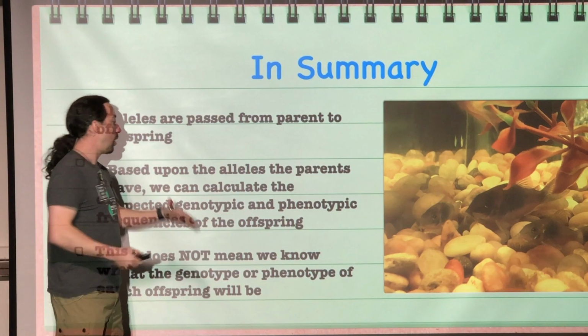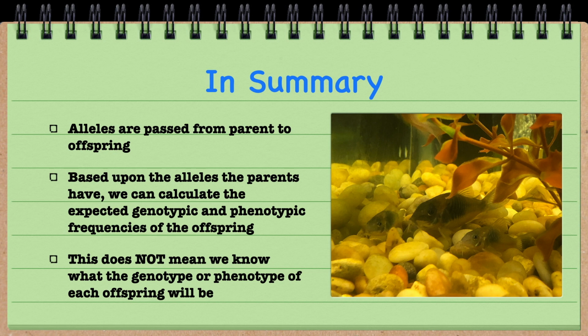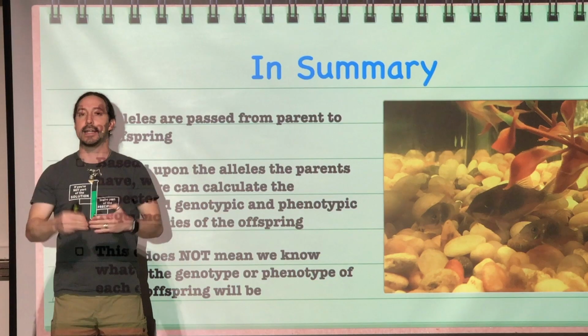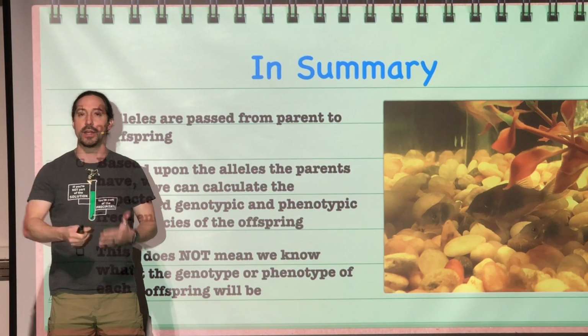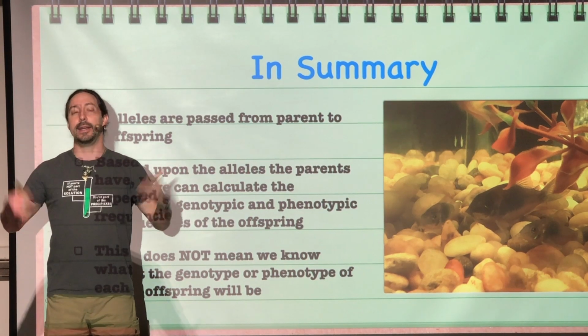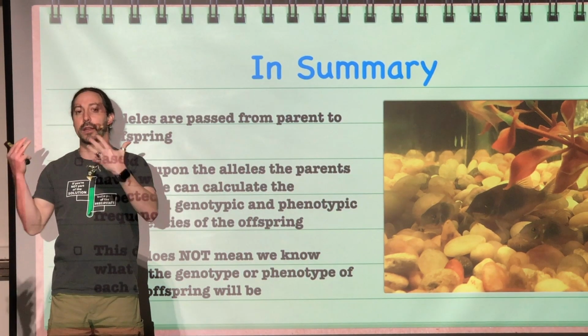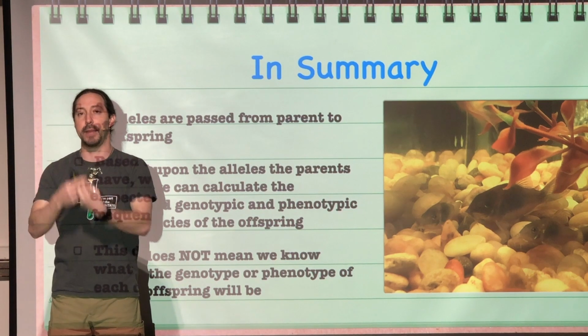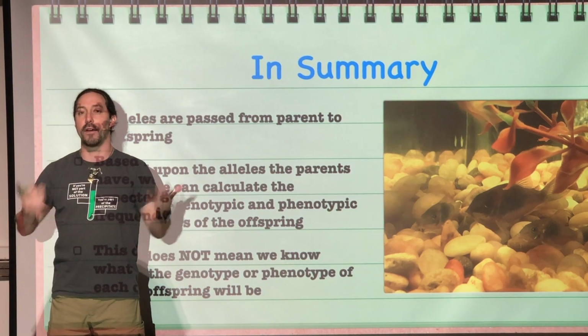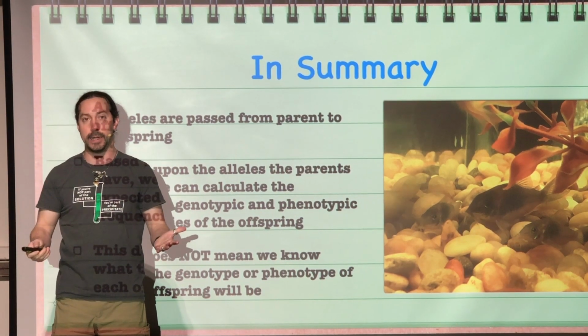But those are all what we would anticipate and not necessarily exact figures. They're just a clue on what we could end up with, not necessarily exactly what we would end up with. The only way to find that out is by actually performing the cross and having the parents mate and seeing what the offspring actually turns out to be.